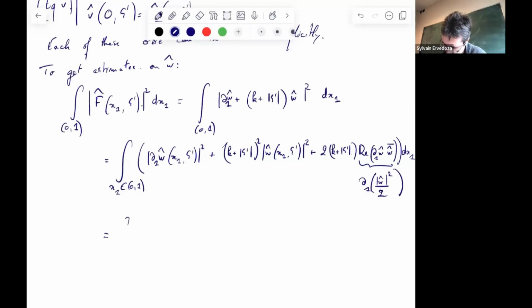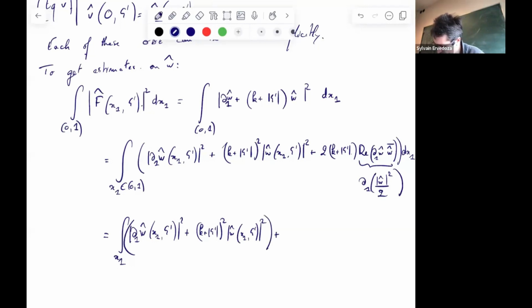And so you'll get that this is the integral over x1 of the modulus of d1 w hat of x1 psi prime square plus (k plus psi prime) square times w hat of x1 psi prime square dx1, plus (k plus psi prime) times w hat of 1 psi prime square minus (k plus psi prime) times w hat of 0 psi prime square.